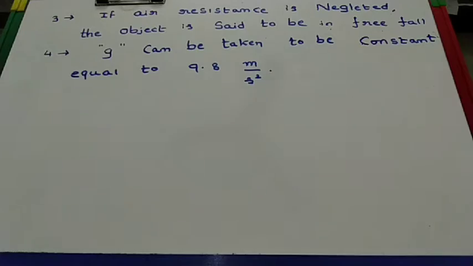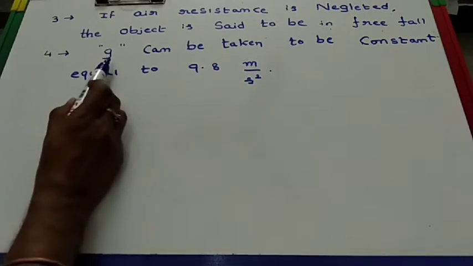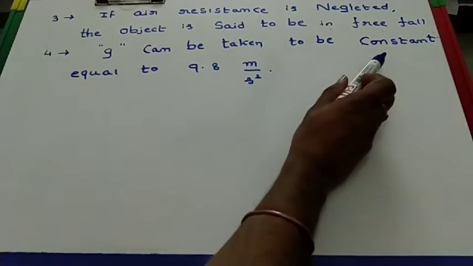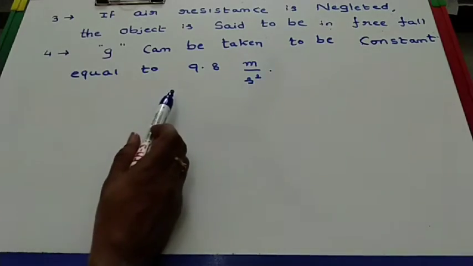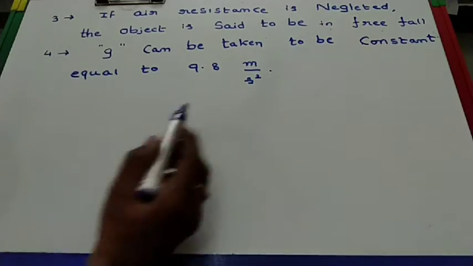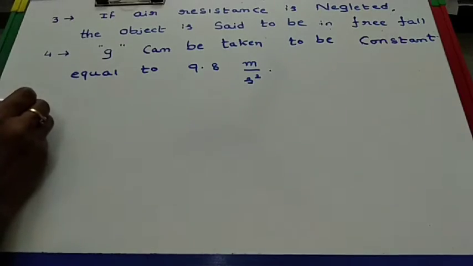Once again I am repeating the point, my dear students. Small g can be taken to be constant equal to 9.8 meter per second square.